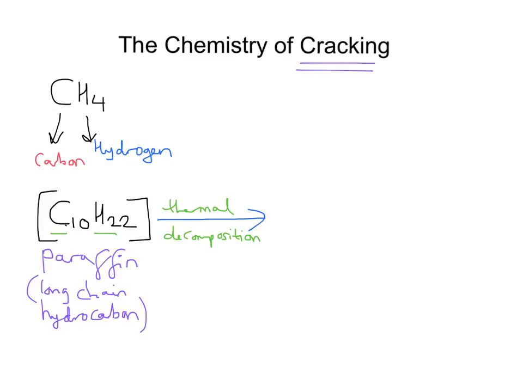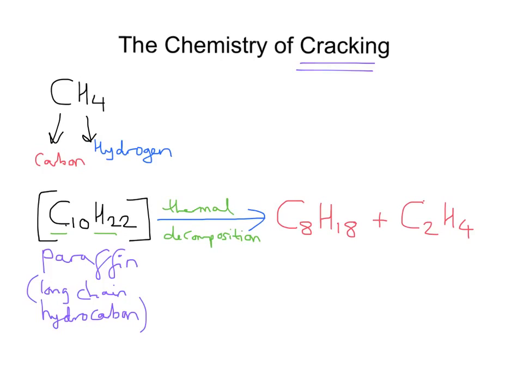So in the process of thermal decomposition, we're going to break down this paraffin, and we're going to get something perhaps like this: C8H18 and C2H4.